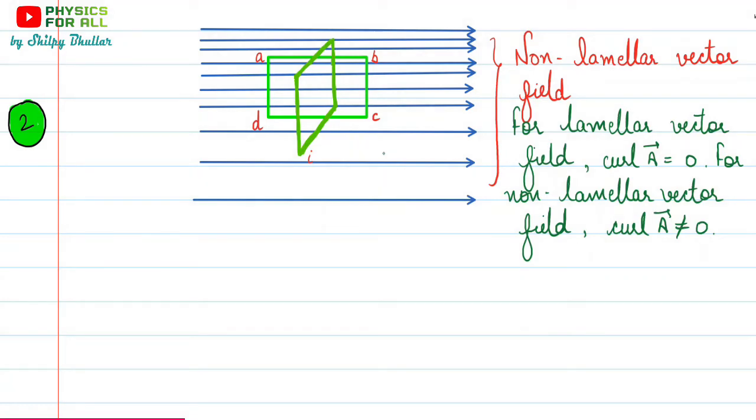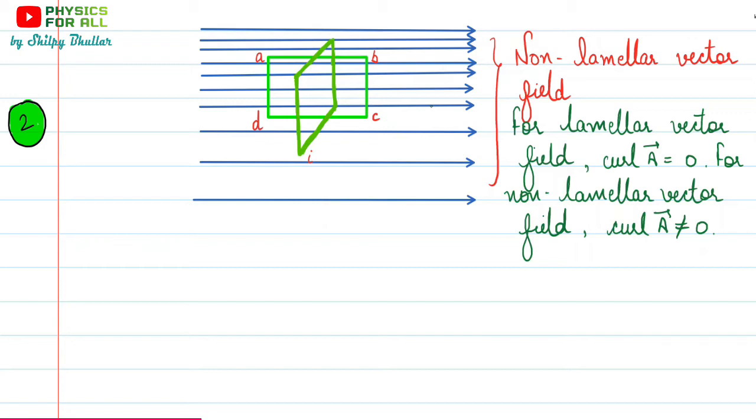At some portion, like here at the top, you can see that the layers are quite congested, closely packed. But at some portion down the bottom, you can see there is a wide gap between the layers. So the layers are not plainly moving, and it is not a laminar flow.